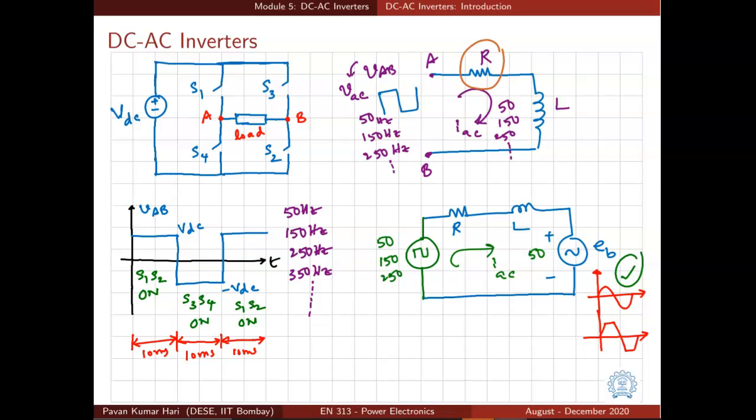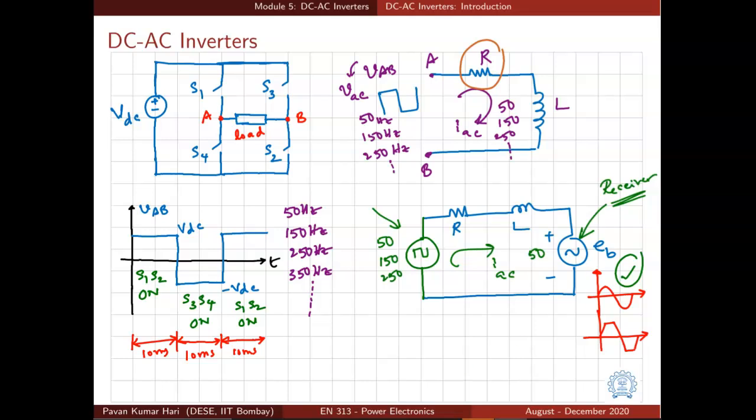Why? Because any other type of current is not going to do any work. And what do you mean by work? Net energy that is being transferred to this AC source. So this AC source is the receiver of energy. The square wave source is delivering energy and this back EMF source is receiving energy.